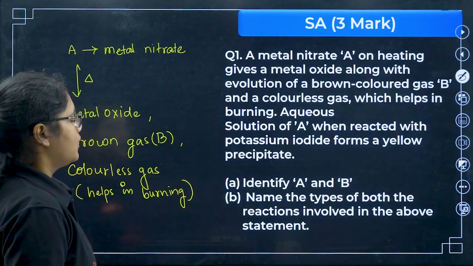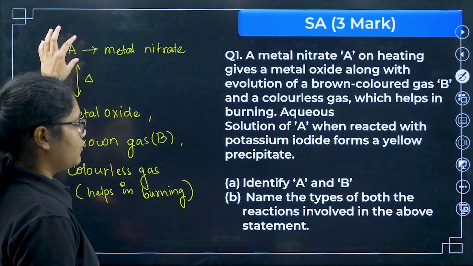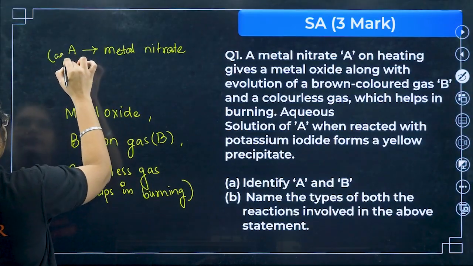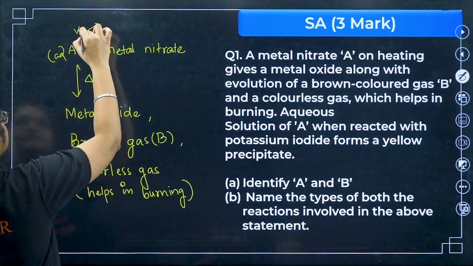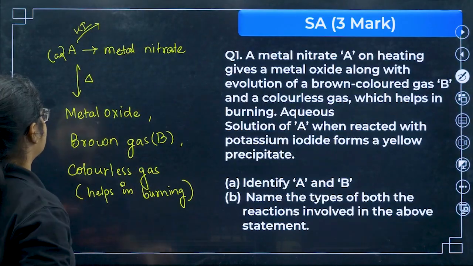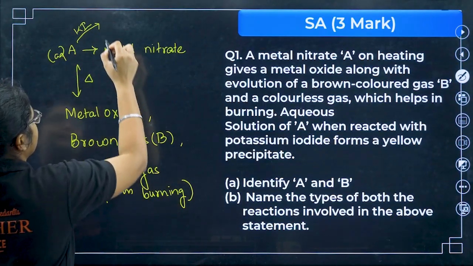Okay, aqueous solution of A when reacted with potassium iodide forms a yellow precipitate. So what we get from here, we get a yellow precipitate.